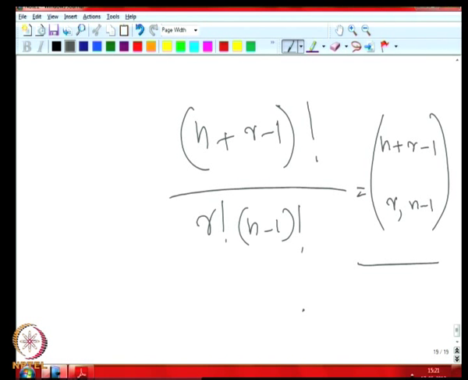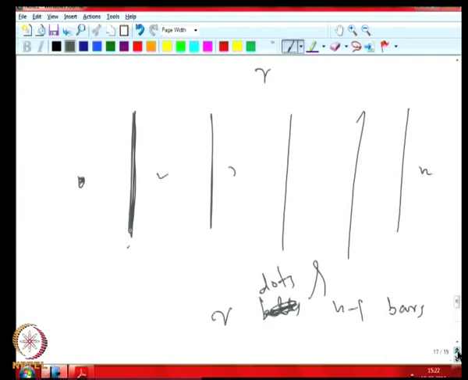So, when we have to make a selection of size r, we can do it in n plus r minus 1 choose... this is not really a multinomial coefficient, it is just a binomial coefficient, because this can be written as n plus r minus 1 choose r.